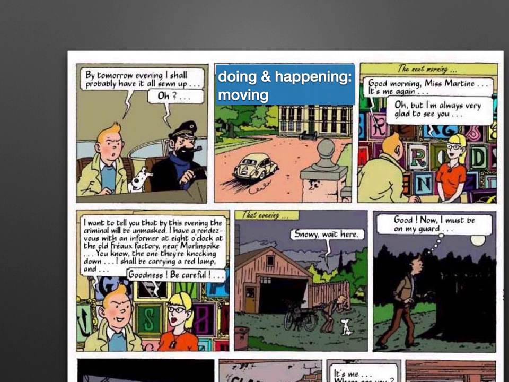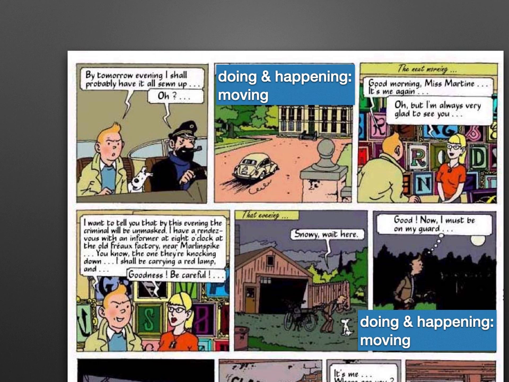The middle panel simply represents doing and happening pictorially, moving in this case, and we can see the typical conventions for showing an object that's moving. So we can infer a vector of the direction of motion. So moving and happening, doing and happening, a particular case of moving.